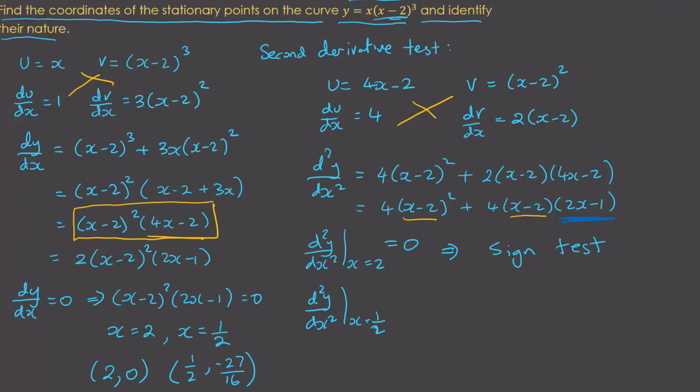For the first term, we would get (a half minus 2) squared in the bracket. Now that's going to be positive and times it by 4, so that is going to be positive overall. And when d2y/dx squared is positive, that means that we have a minimum, and that would be at the half, negative 27 over 16.